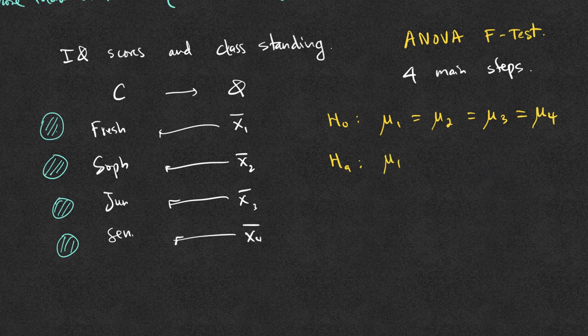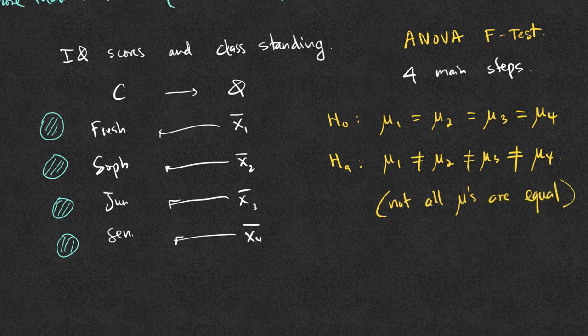This means mu1 is not equal to mu2, not equal to mu3, not equal to mu4. And this is always the case for the ANOVA F-test, where we state the null and the alternative hypothesis. In words, the null hypothesis is the statement that all means are equal, and in the alternative hypothesis, not all mu's are equal.